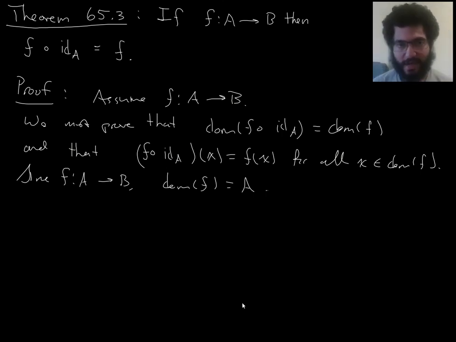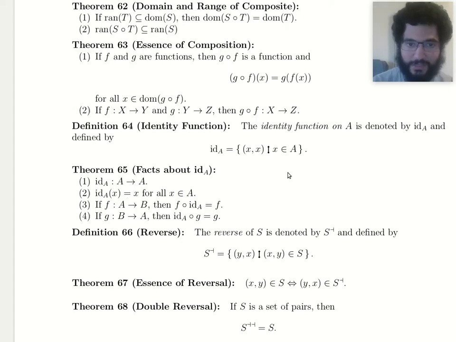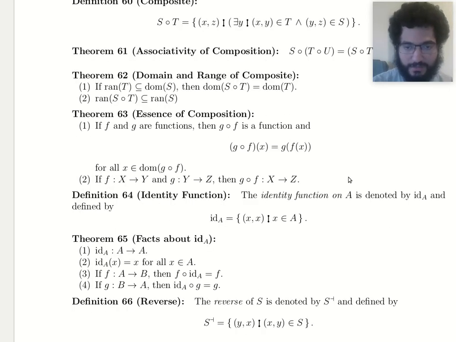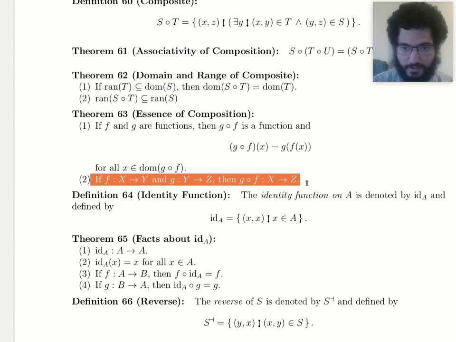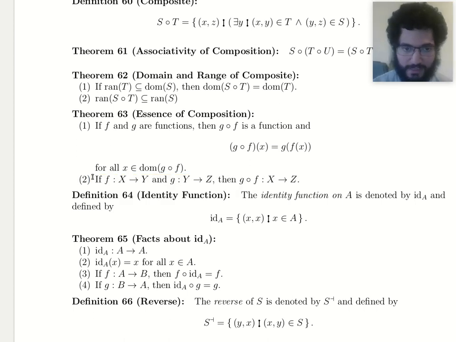Here's where that essence of composition theorem is helpful. Basically, anytime you're doing a composition, you're probably going to use that. Most of the time when you do compositions, the things involved will be functions, and you're just going to be using this theorem pretty much every time. So if you can use part 2, that certainly makes things easier, since part 2 sort of contains part 1, but also gives you more information all in one neat package.